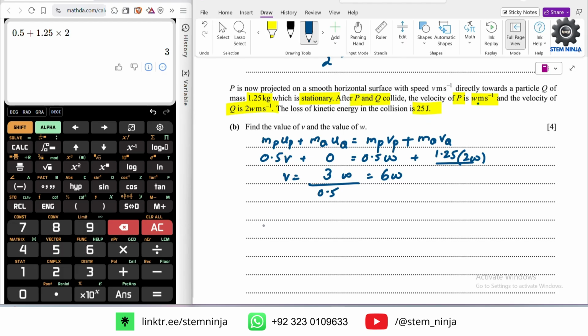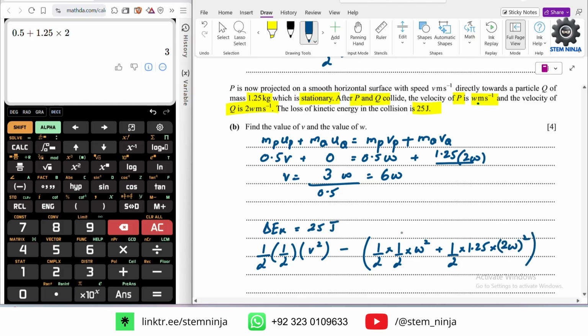Okay. So change in kinetic energy is 25 joules, net kinetic energy, right? So half m v squared minus half m w squared plus half 1.25 times 2w whole squared.